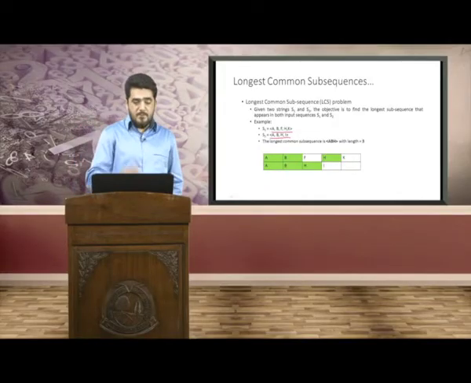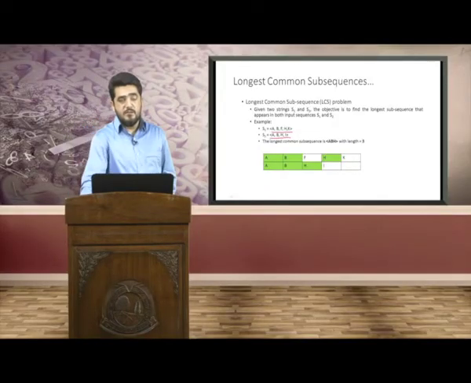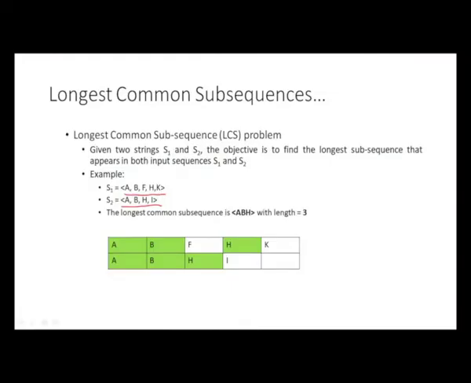It's shown in the green boxes in this slide here. You can see A and A belong to both the sequences, B and B belong to both the sequences in the same relative order, and H and H here again belong to both the input sequences in the same relative order, and ABH is the longest common subsequence of both these two input strings.